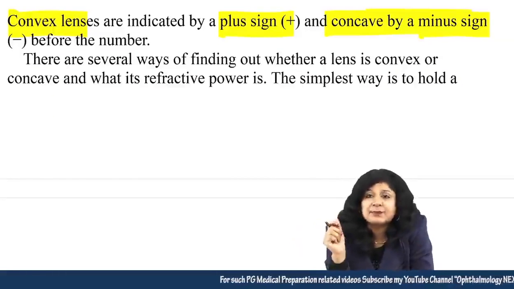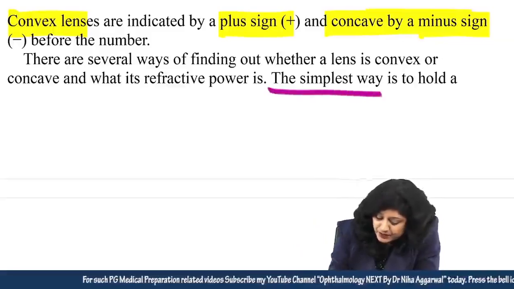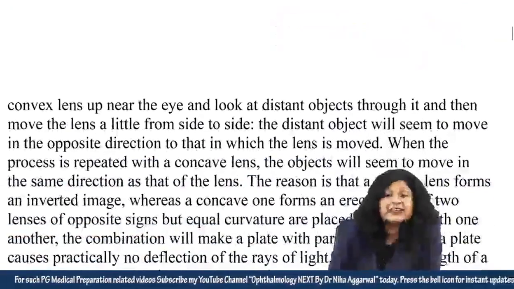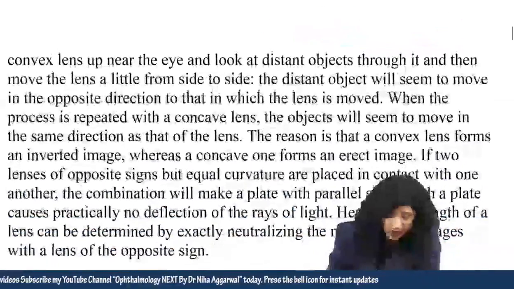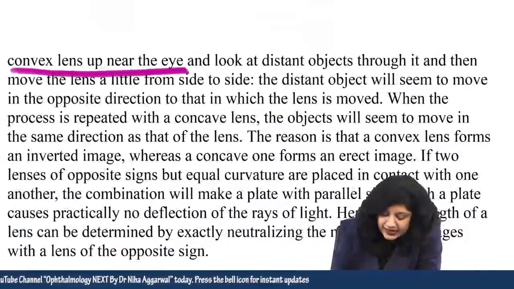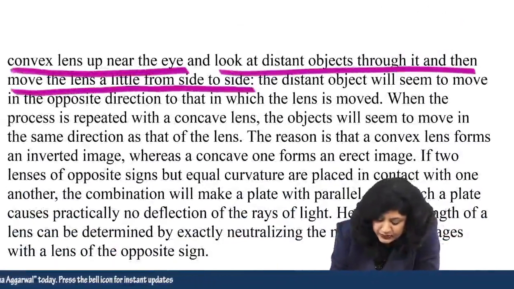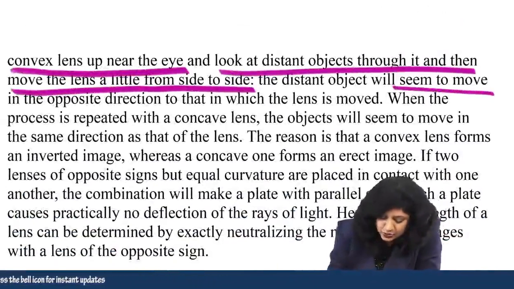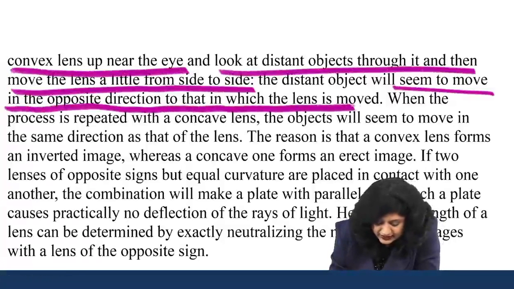But what is the simplest way? The simplest way of finding whether it is a convex or concave: you hold a convex lens near the eye and look at a distant object through it, and then move the lens a little from side to side. The distant object will seem to move in the opposite direction to that in which the lens is moved.